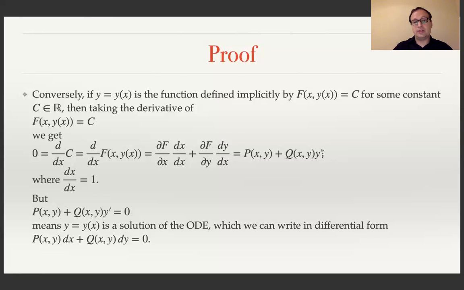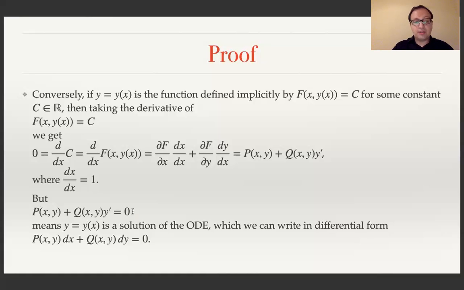So let's write it as y prime. So we get that the whole thing is p plus q times y prime. But at the same time, we know that it's 0 because the derivative of the constant is 0. So we get that p plus q times y prime is 0.